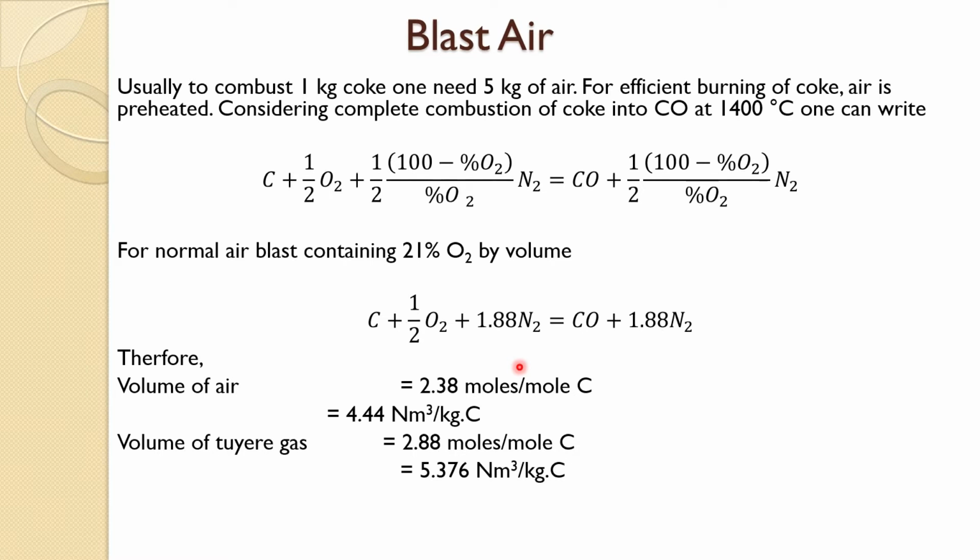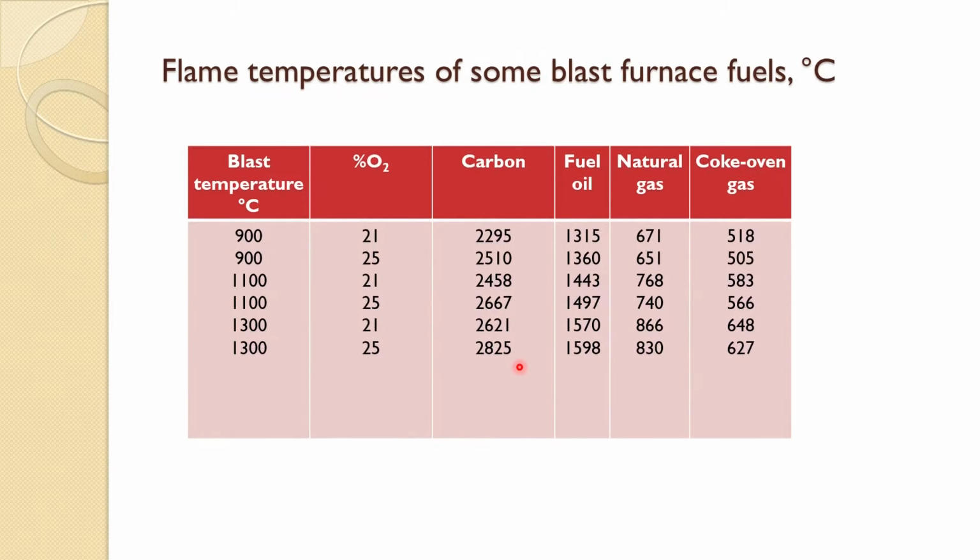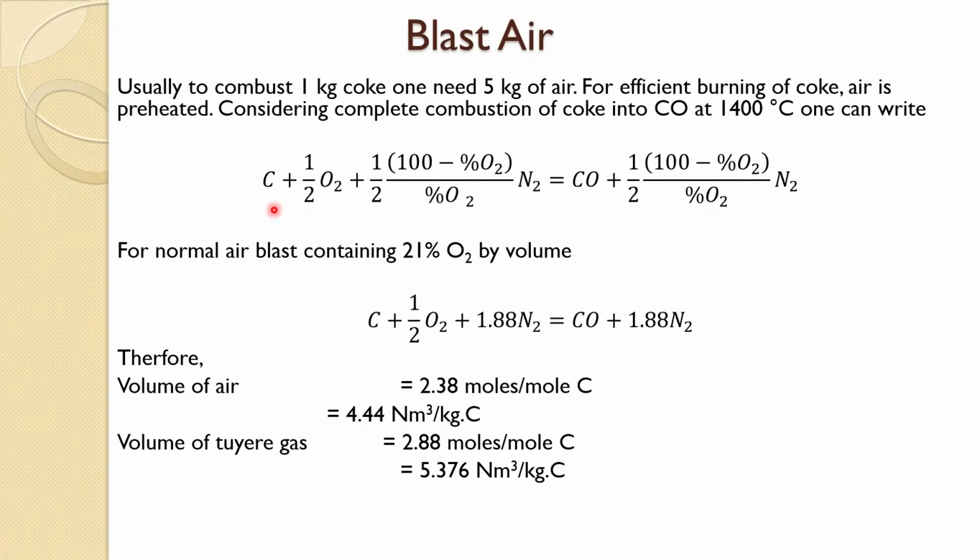Now, we talked about preheating the blast air. If you do not preheat, then to combust 1 kg of coke you need actually 5 kg of air. That is a huge volume.